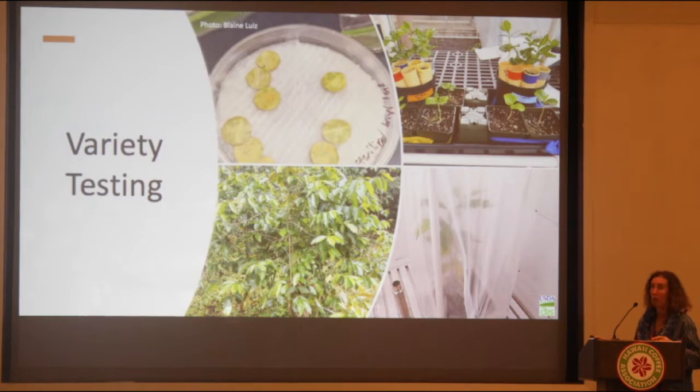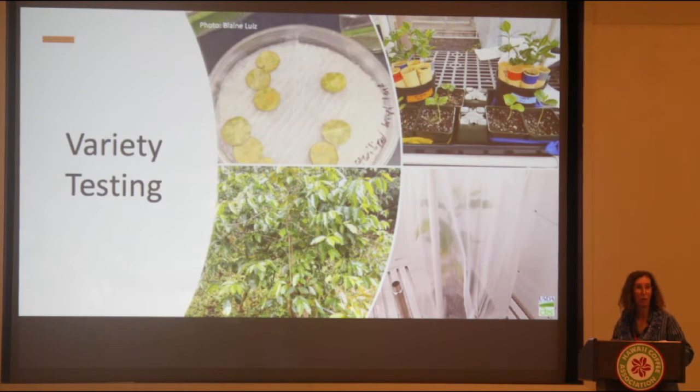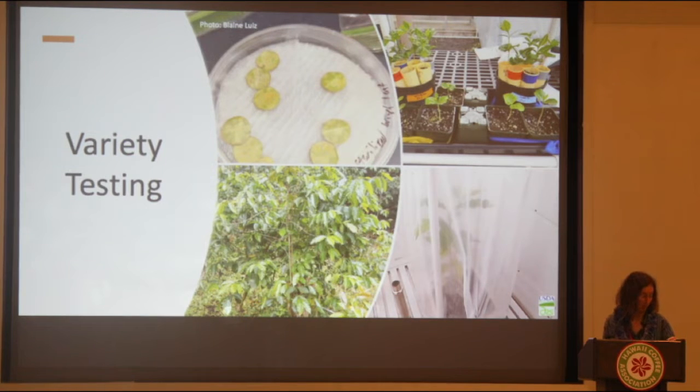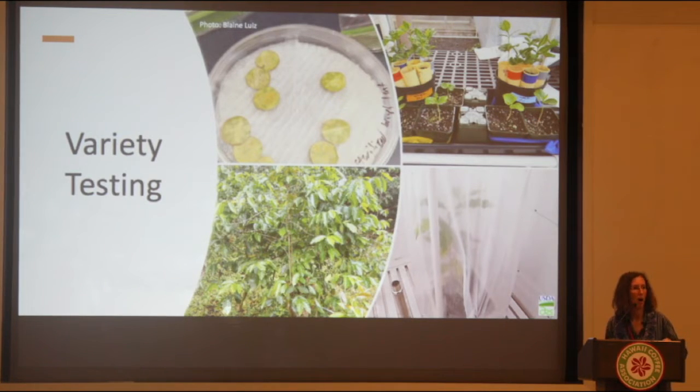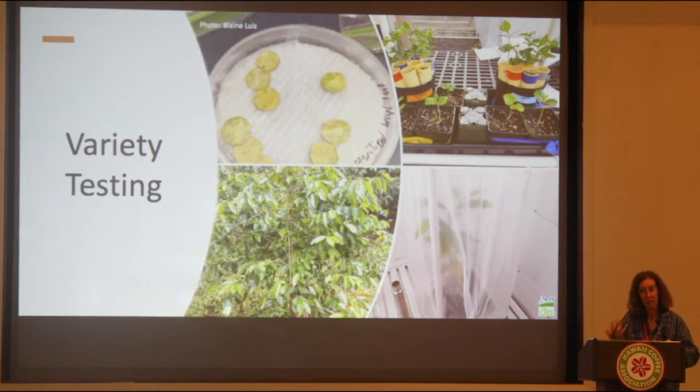Okay, variety testing. I'm not going to say a whole lot because our expert is going to follow up with this, but we do a lot in the lab to try to get a first glimpse of the material. Is it worth really looking at? With limited resources and people power, how can we prioritize?